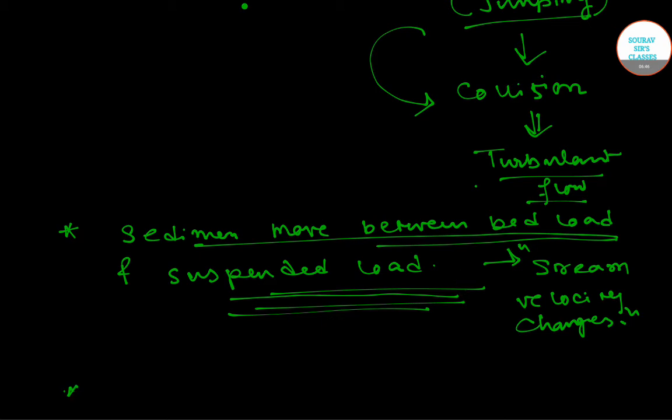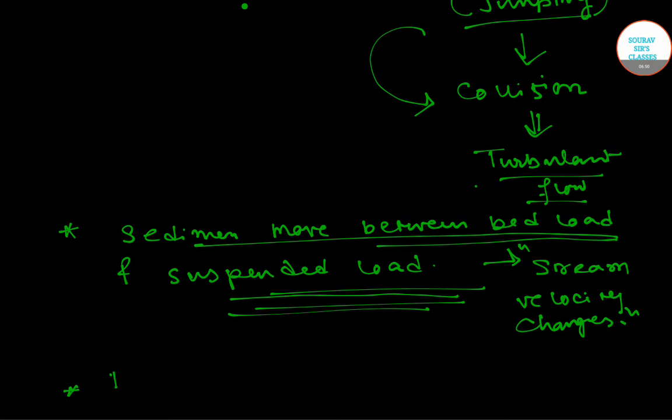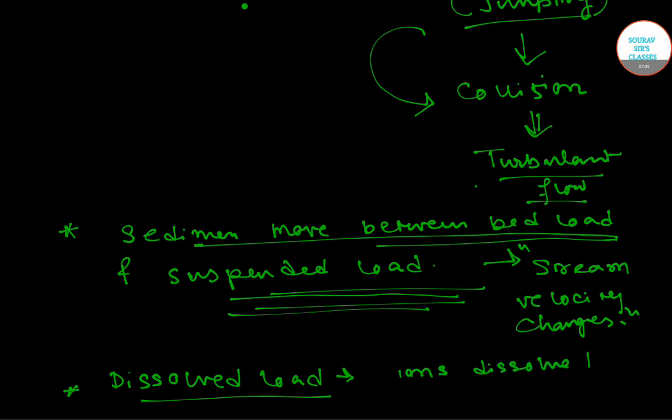Now the last one is dissolved load. So this is dissolved load: ions that are dissolved in the water by chemical weathering.